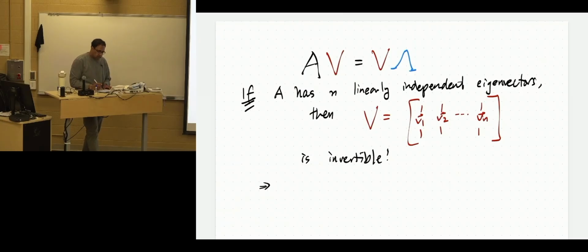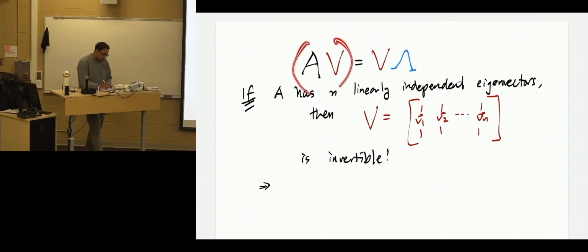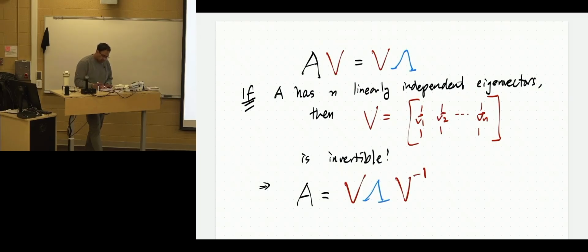So if V is invertible, how do I solve for A here? Well, I multiply both sides of AV equals V Lambda by V inverse. And what that buys me is A equals V Lambda V inverse. And this is what's called the eigenvalue decomposition.